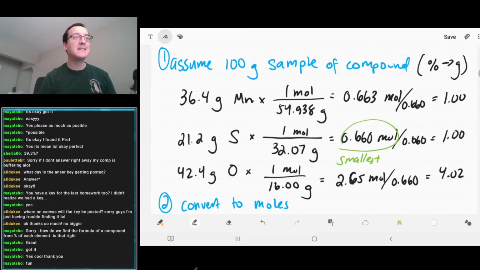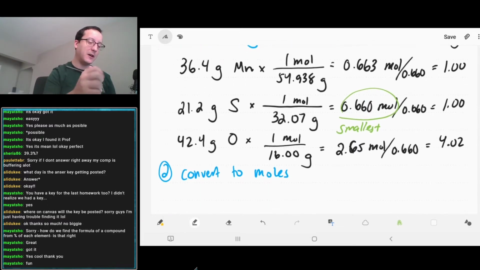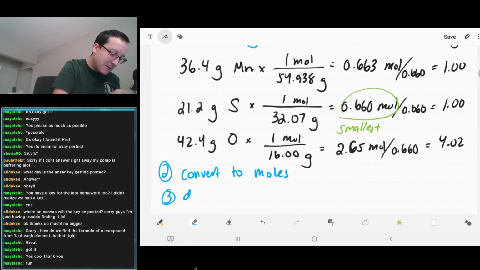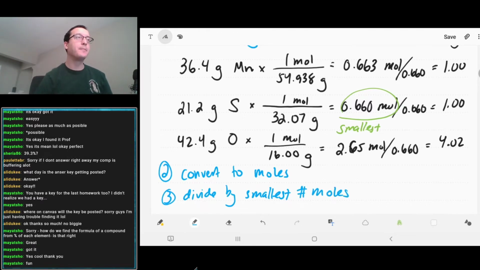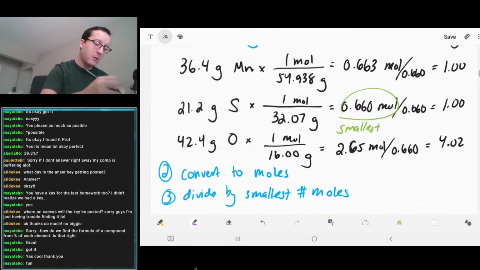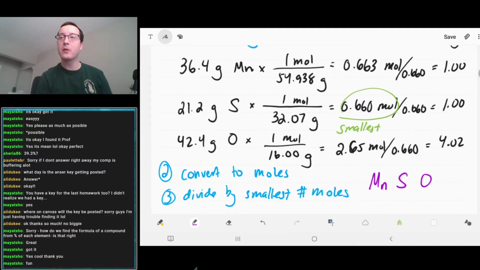And so let me write this part that we did, where we divide by the smallest number of moles. All of this tells us our compound is made of manganese, sulfur, and oxygen, right? It's the 3 elements in our compound.